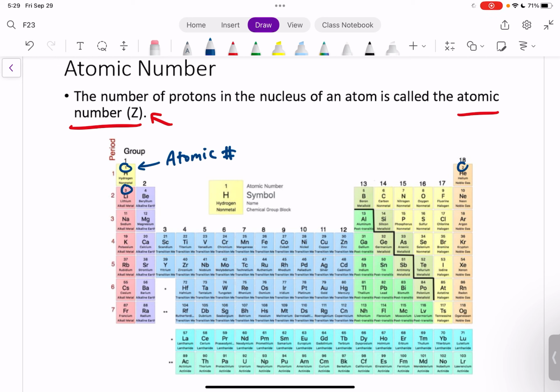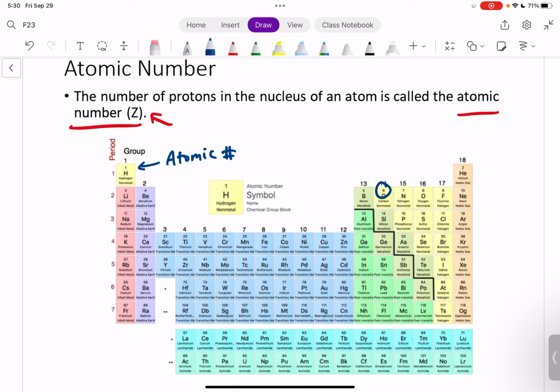For lithium, over on the left now, that's 3. For beryllium, 4. Boron, 5. Carbon, 6. Nitrogen, 7. Oxygen, 8. Fluorine, 9. And so on. You'll notice that none of these elements has the same atomic number. And the reason for that is that each element has a different number of protons in the nucleus of the atom.